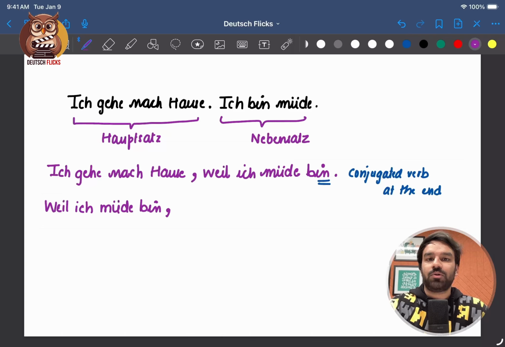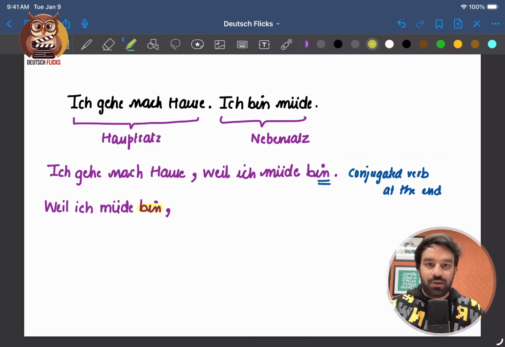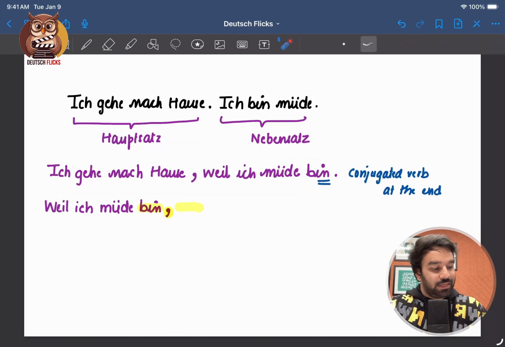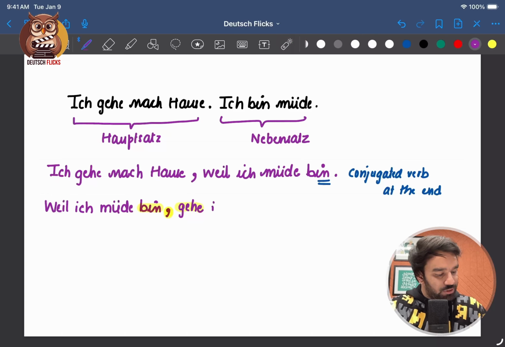Now, if you're starting your sentence with weil, you have to follow the verb comma verb rule. Verb comma verb rule means we have a verb, we have a comma, and now we need a verb. But which verb do we need? We need the verb from the Hauptsatz. So I'll write gehe here. And who is conjugating gehen as gehe? It is ich. So I'll write ich.